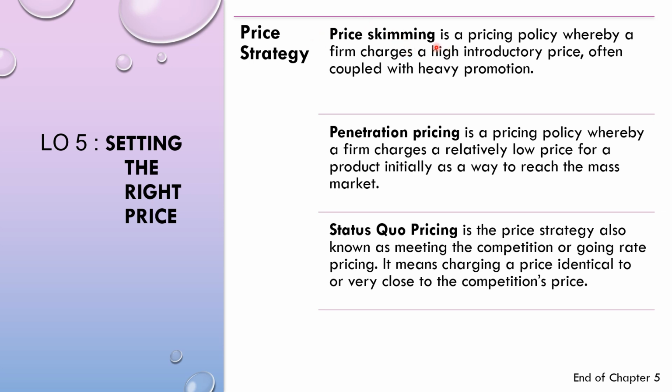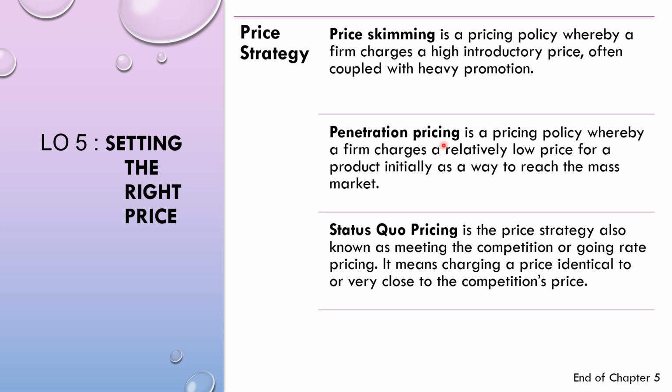In penetration pricing, this is a pricing policy whereby the firm charges a relatively low price for a product initially as a way to reach the mass market. So as you produce a new product, you set low prices.